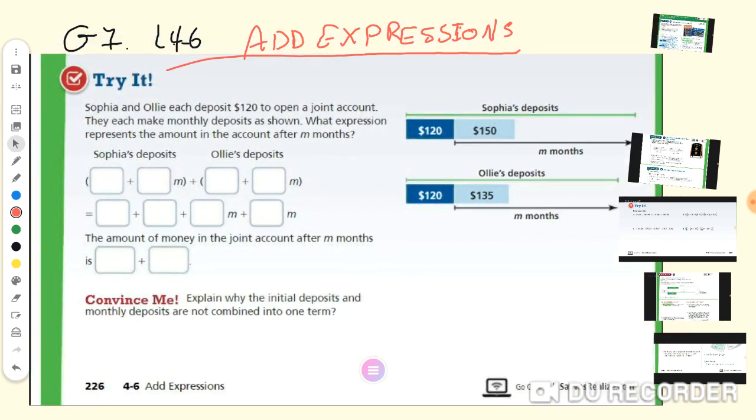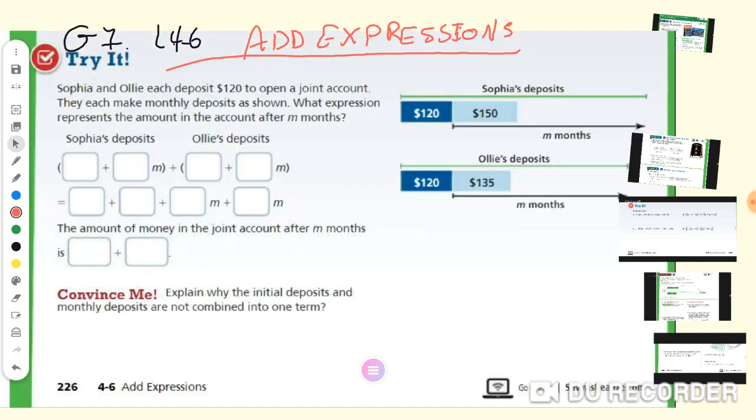Sophia and Ali each deposit 120 to open a joint account. Before opening an account in the bank, you have to pay initial fees, which is the cost of the bank fees or bank papers, something like the documents.